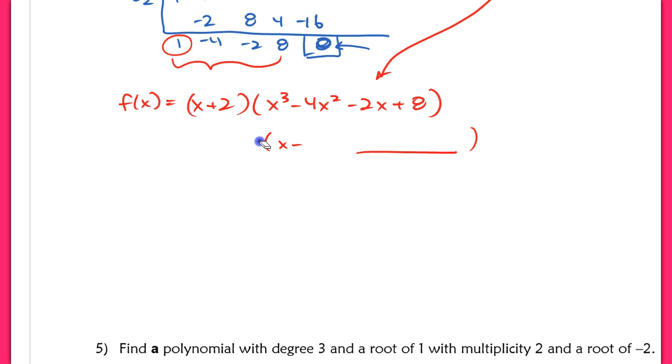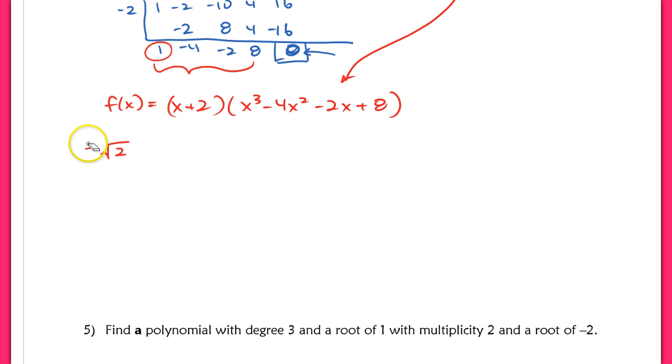So we're going to use synthetic substitution, or I'm sorry, synthetic division here. We have negative root 2 on the outside. Whoops, I'm sorry, it's actually just a positive root 2 because I read it wrong. The square root of 2 is a root, right? Which means that the linear factor would be x minus root 2. So anyhow, we'll put root 2 on the outside of this synthetic division.